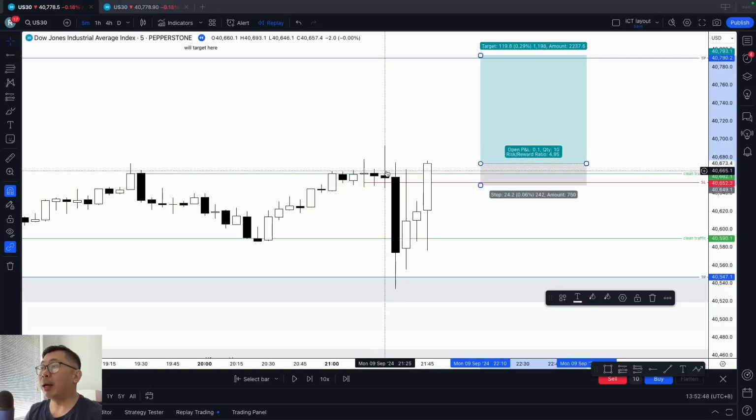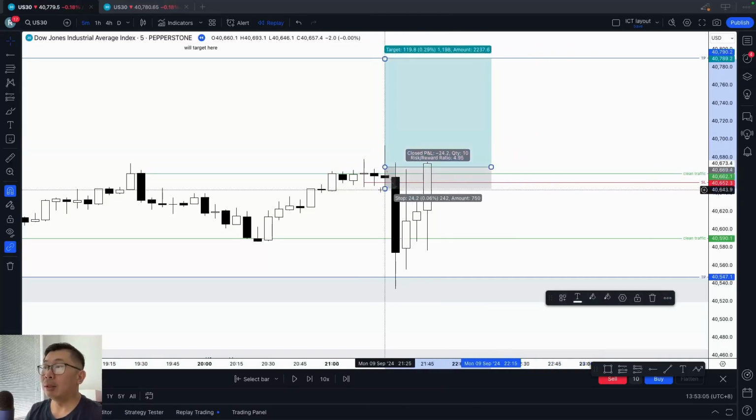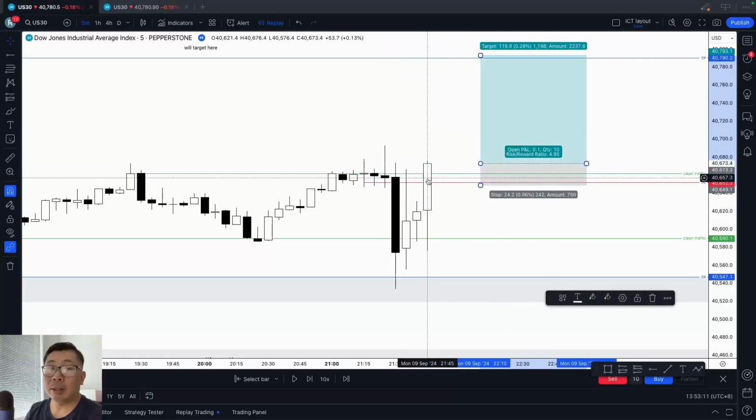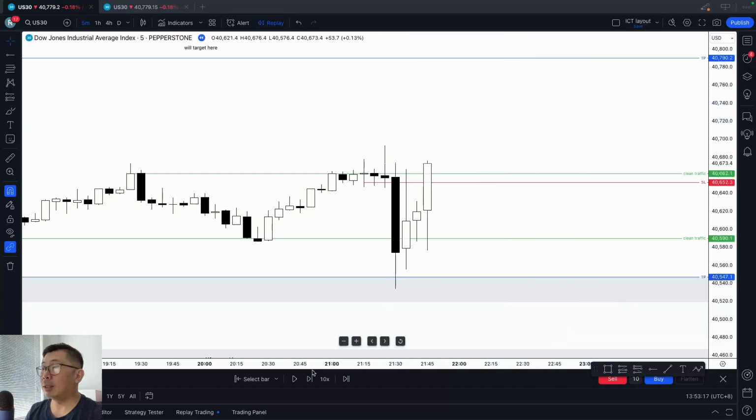By the time I went back, I entered my lot size and didn't even have time to put my stop loss. It was a market order, I got into the position, and then I realized, oh shoot, it closed bearish. And this was the candle I was looking for. This was the confirmation candle, because it closed above the 5 minute resistance.